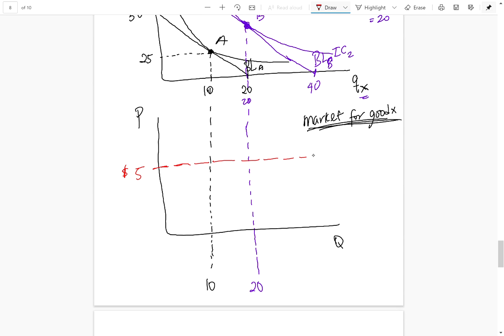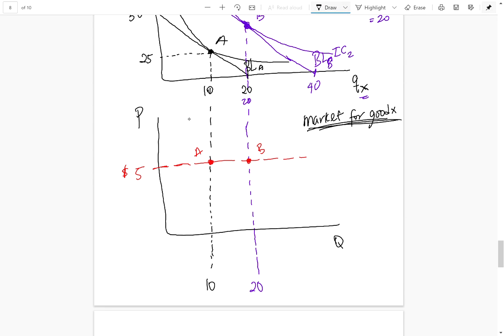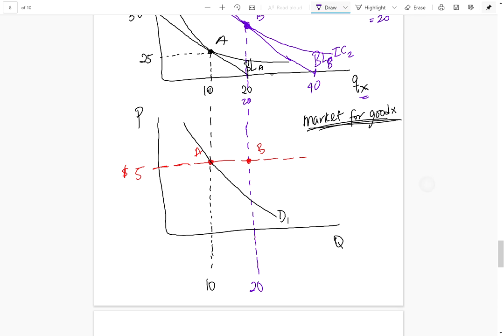The only way we can have these 2 points here, point A and point B, is if we have 2 separate demand curves. We'll call this D1. We'll call this D2. Right?